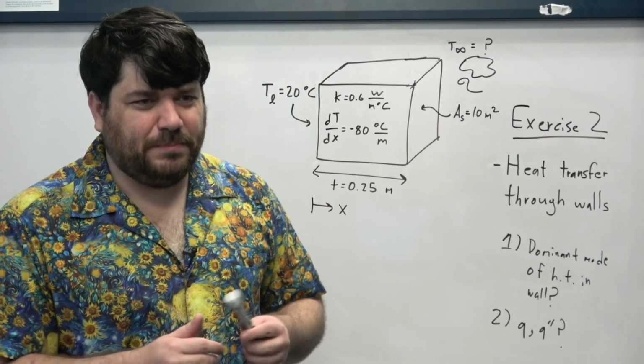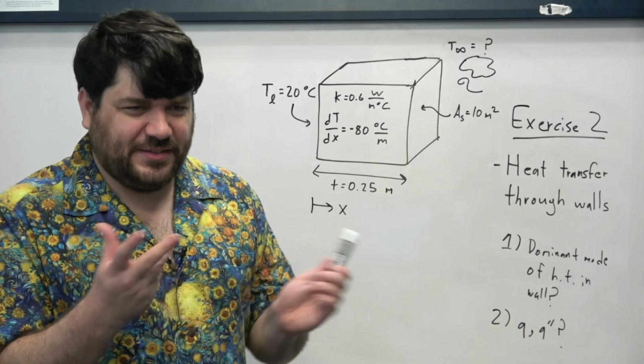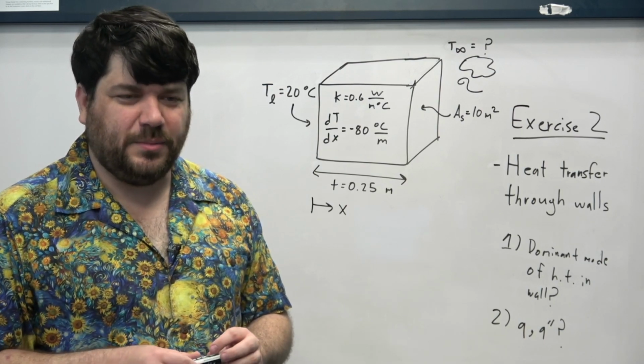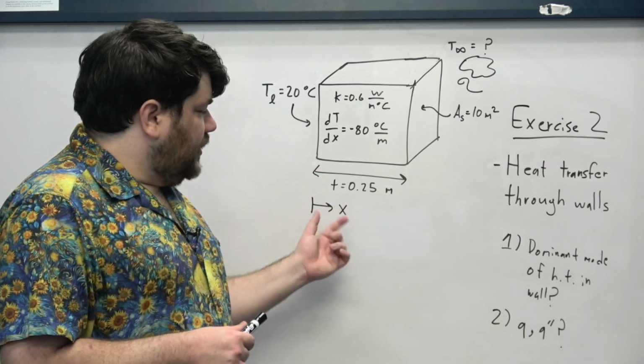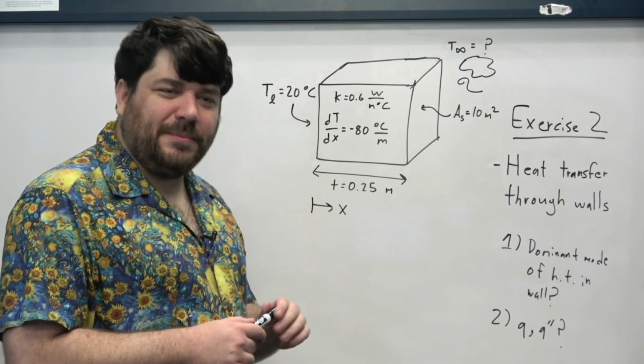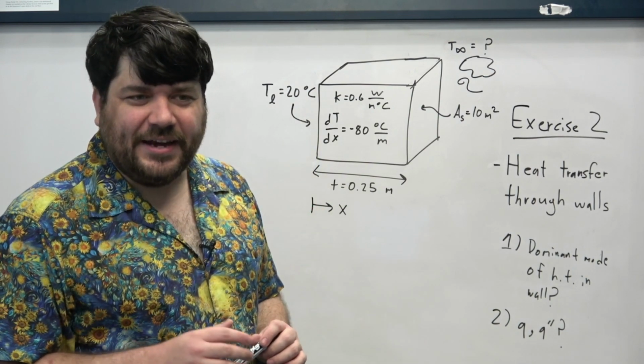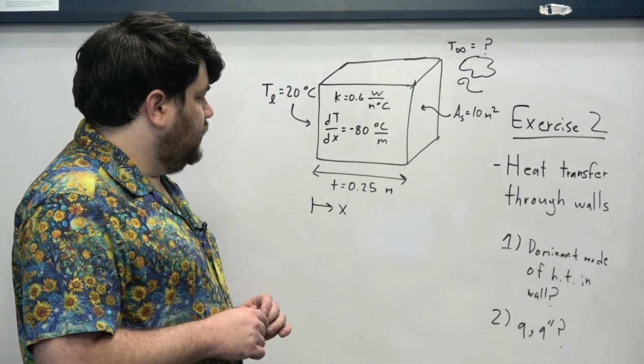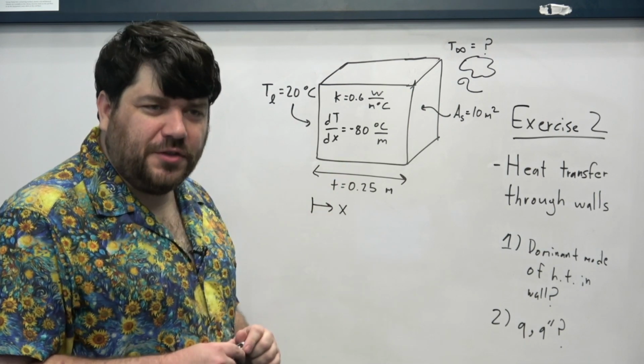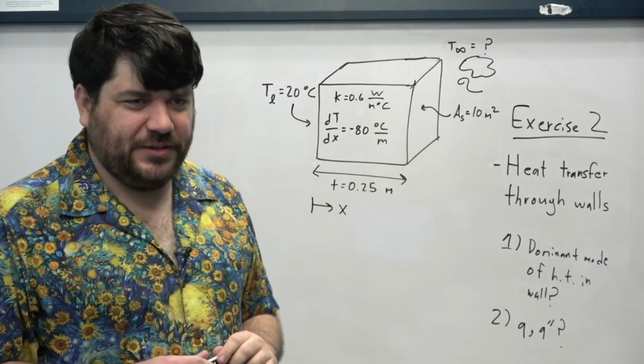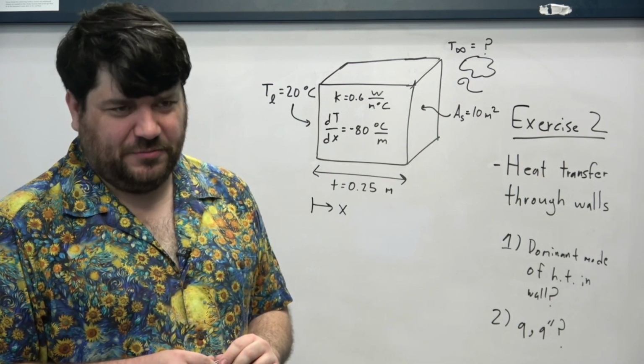Now, how do we parse that statement, right, that the temperature gradient is negative 80 degrees Celsius per meter? Well, what you can imagine is that as you move from left to right inside of this wall, for every meter that you move to the right, the temperature is going to drop 80 degrees Celsius. That's kind of what this means.